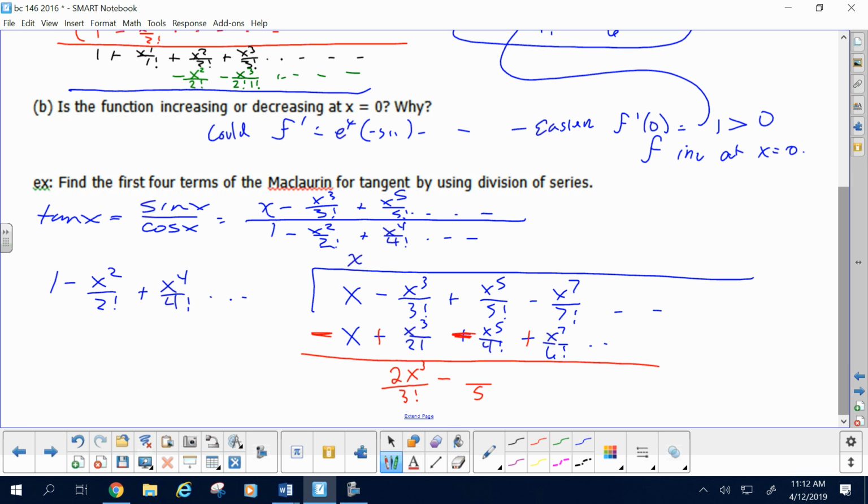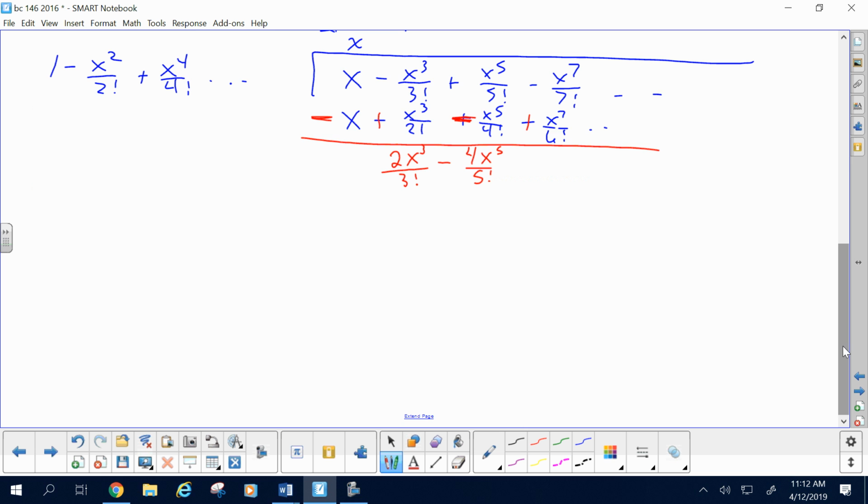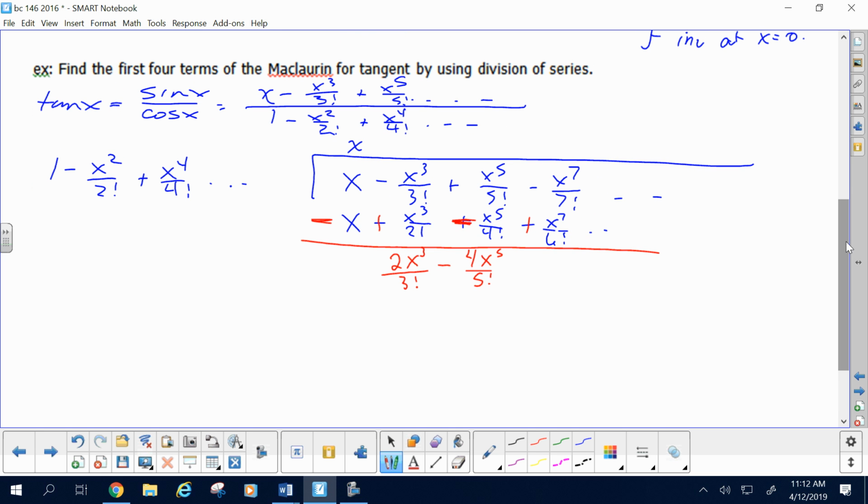That's negative 4x to the 5th over 5 factorial. Can you find the next one just to make sure you get the idea? So you're getting something like positive 6x to the 7th over 7 factorial?